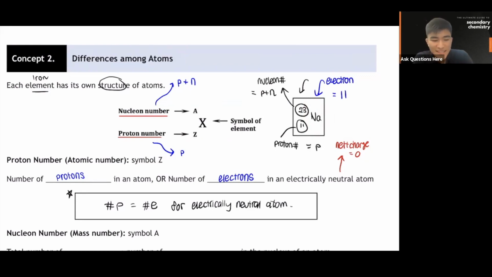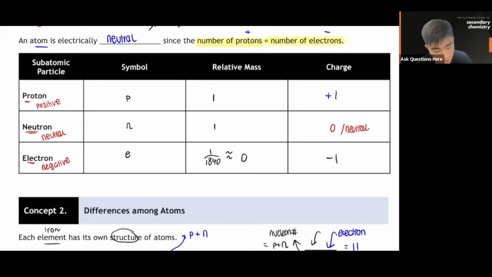Now then we move on to nucleon number. This is the next concept that some students may find a little bit difficult to understand, but let's just do it anyway. We remember just now that the mass of protons and neutrons are very heavy. Go back to the top. Neutron and proton are heavy, you'll see the mass is 1 and 1.